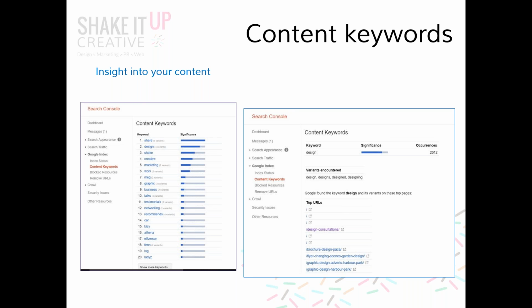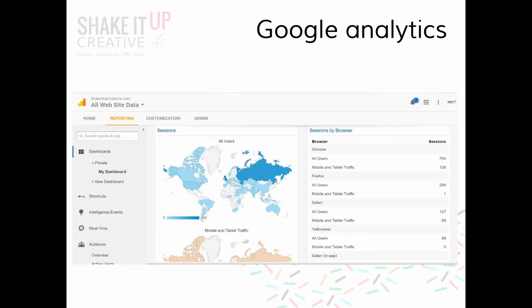If within this tool you see unexpected keywords, things such as $1 million, Viagra, Nigerian, terms that are associated with scams, then it could be a sign that your site has been hacked. So it's really valuable free data to have a look at every now and then.